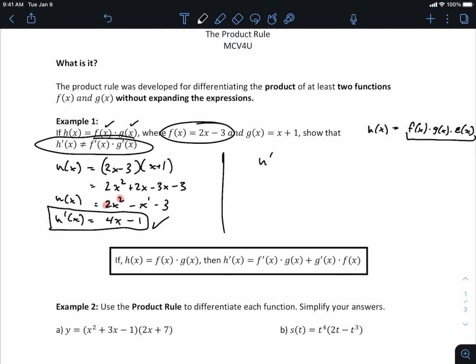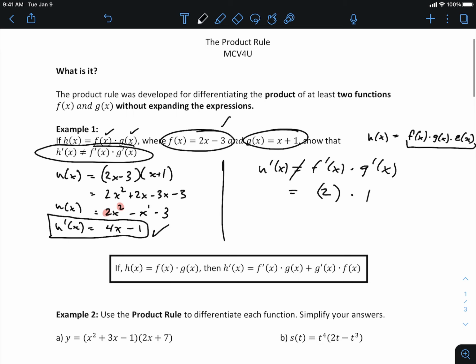So h prime of x, if we're testing this theory, we want to say that this does not equal f prime of x times g prime of x. Well, let's check this. If we take the derivative of f of x, that's just 2. And the derivative of g of x would just be 1, right? And so we get 2.